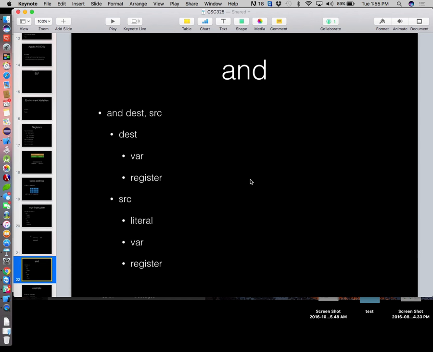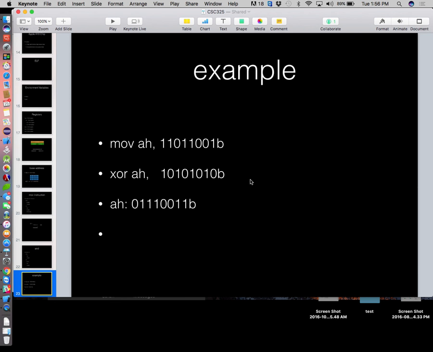So a 1 and a 1 is a 1, a 1 and a 0 is a 0, a 0 and a 1 is a 0, and a 0 and a 0 is a 0. Make sense? So it's a bitwise and, so it's an arithmetic operation. Okay? Same thing with ORs. ORs are bitwise as well. Okay, what about XOR?